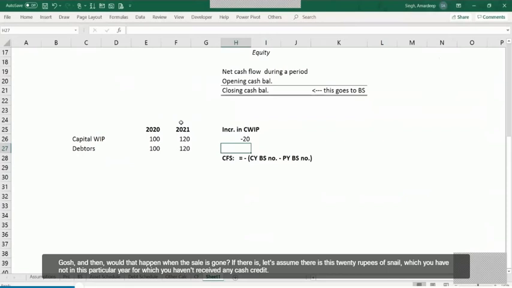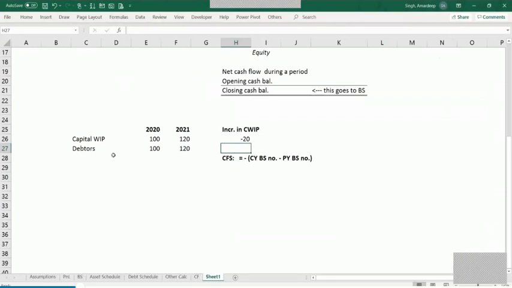So let us assume there is this 20 rupees of sale which you have done in this particular year for which you haven't received any cash. It is credit. And that's why that credit component is going to get reflected in the debtor balance because that means you have to receive that amount from your customer and it is being shown in the debtors line.